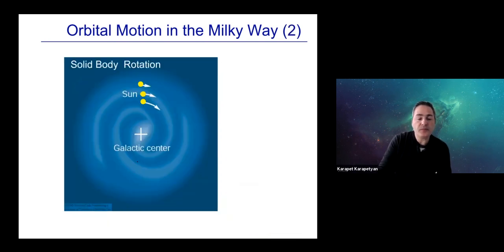All right, so if we look at the overall motion of the stars around the center of the galaxy, remember, just like the planets go around our sun, there is this rotational motion in our solar system. A very similar thing happens in our galaxy as well.